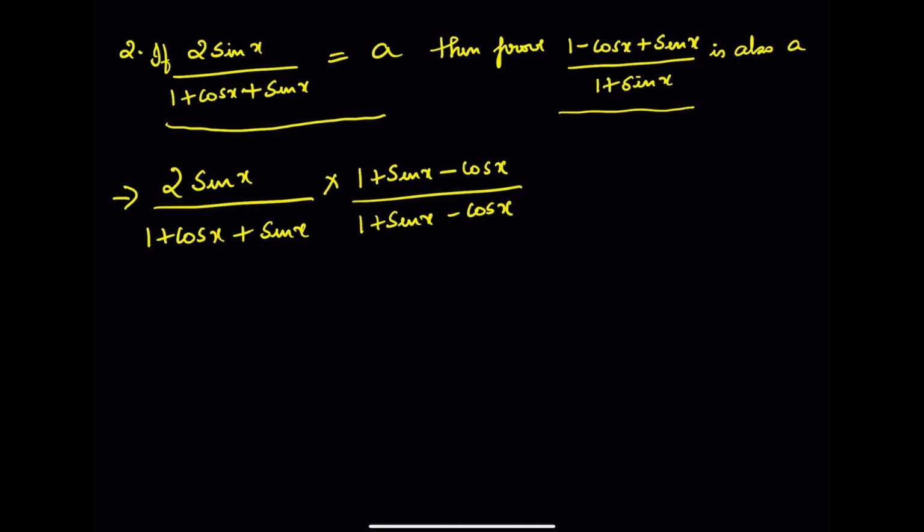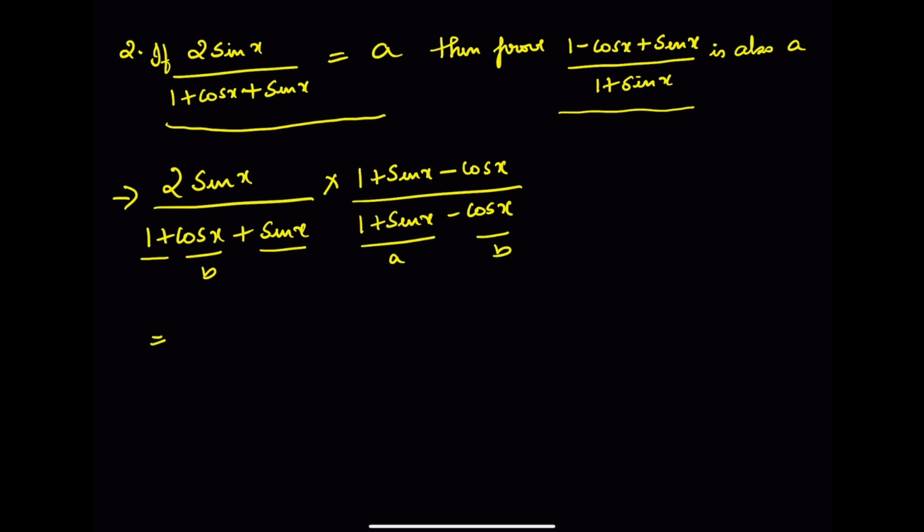Now if you notice here, if we combine 1 plus sin x as a and cos x as b, we consider this is nothing but a square minus b square format, correct? Which is a plus b, a minus b. So let's apply that now. So let's multiply the numerators. So what would we have in the numerator?